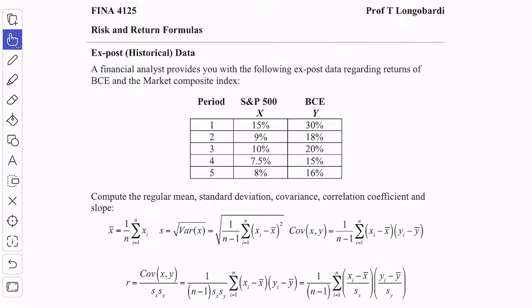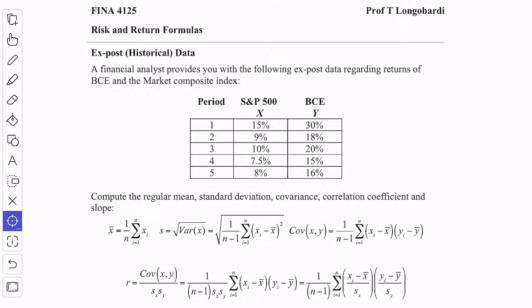And it combines them by their valuation or their capitalization in the market. It weighs them into an index. And at this point in time, period 1, the S&P 500 has a return of 15%.